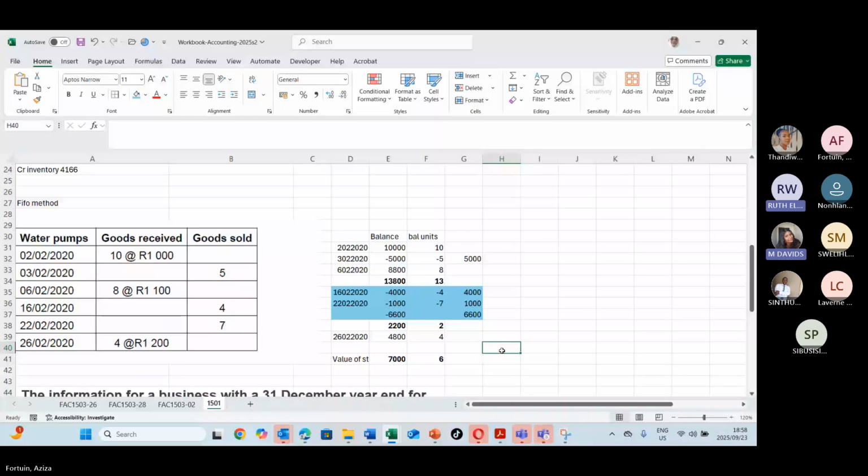You have 2 left there, from that goods of 1,100. There by the 8 at 1,100, you have 2 of that left of your inventory. So then you take that 2 and you just add it to this 4 at 1,200. Then you'll get the answer of 7,000.